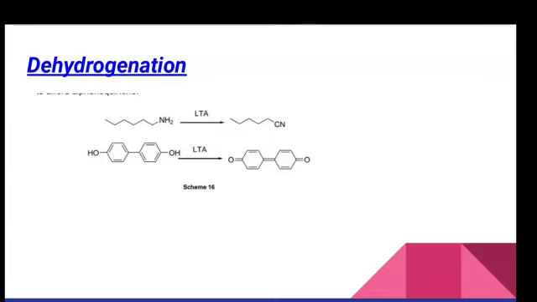Aliphatic amines readily react with LTA to give nitriles, while the reaction of N,N-disubstituted hydrazines affords azo compounds. These reaction conditions are also effective for the oxidation of 4,4-dihydroxybiphenyl to diphenoquinone. These are the main important applications of lead tetraacetate, or Criegee reagent.